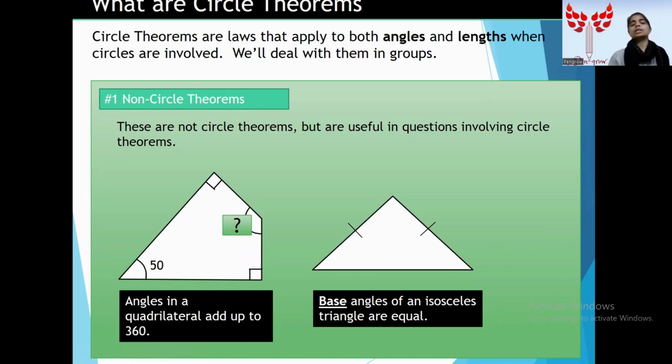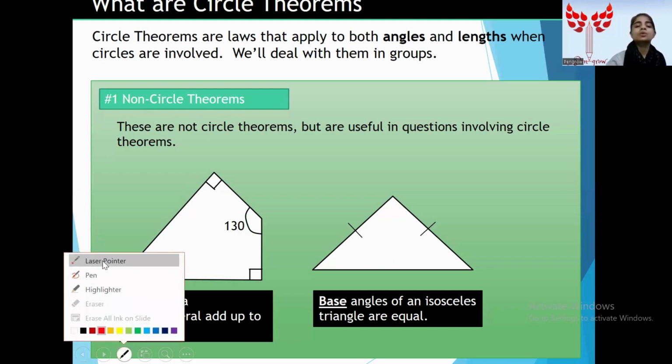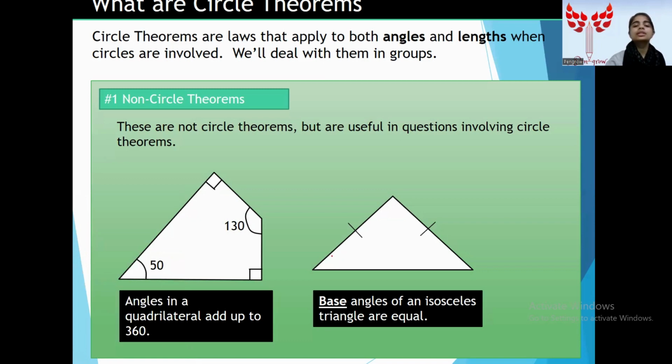And you already know this, that angles in a quadrilateral, they add up to 360 degrees. So if this is 90, this is 90, this is 50, this would be 130, right? And the base angles of an isosceles triangle, they're basically equal, right? So this angle and this angle, they're equal, right?